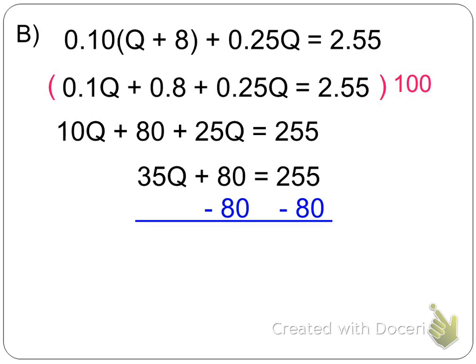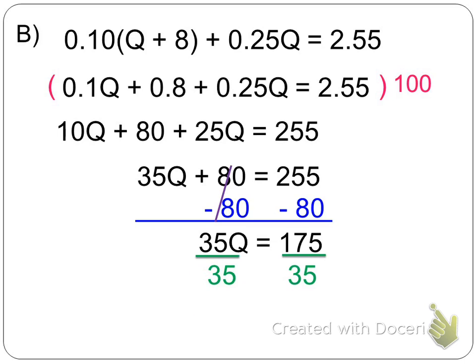All right, then you undo adding 80 by subtracting 80 from both sides. And then divide both sides by 35. And you get that q equals 5.